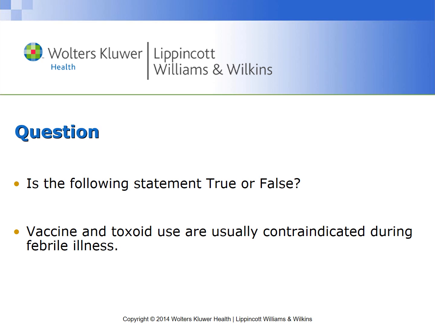So I got a question for you. Vaccines and toxoids are usually contraindicated during febrile illness, and hopefully you said true. So we should be giving vaccines and toxoids to healthy individuals, not sick individuals.